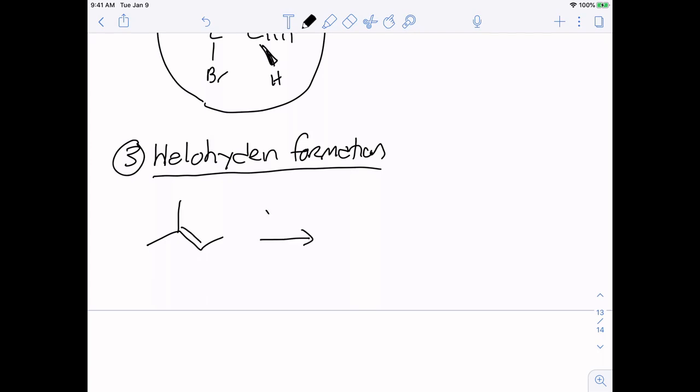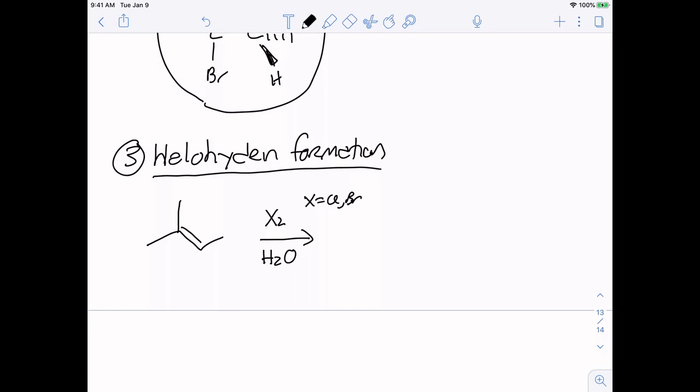We're adding X2 again. This time my halogen is still either going to be chlorine or bromine. And then we're going to add water also. So the halogen that's on my halohydrin is coming from X2, I guess obviously, and then the OH group is going to come from water.